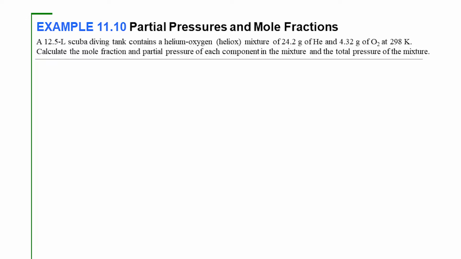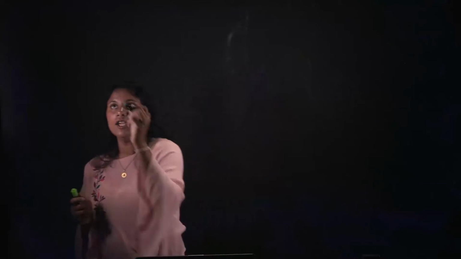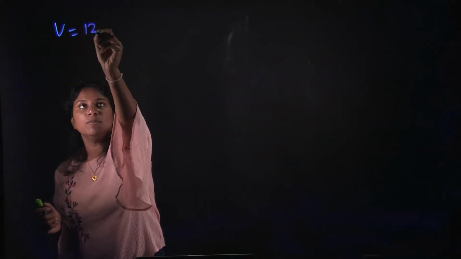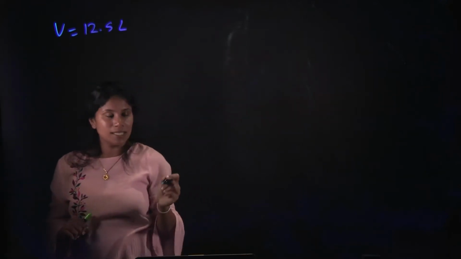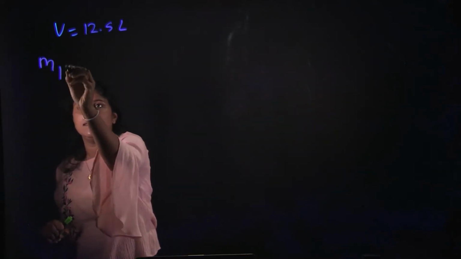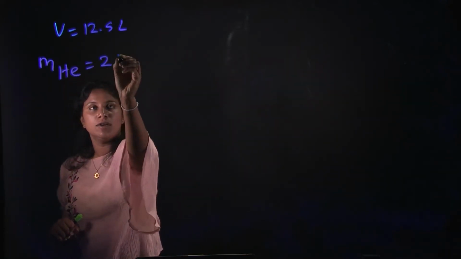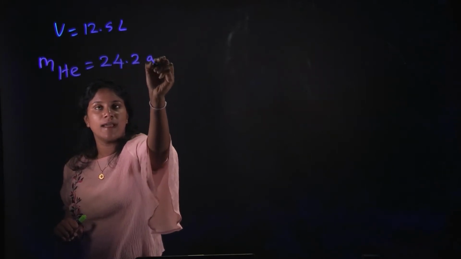So in this question also, I will take all the information possible from the question, all the data. So volume is given, which is 12.5 liters, and then I know the mass of helium, M helium, 24.2 gram.